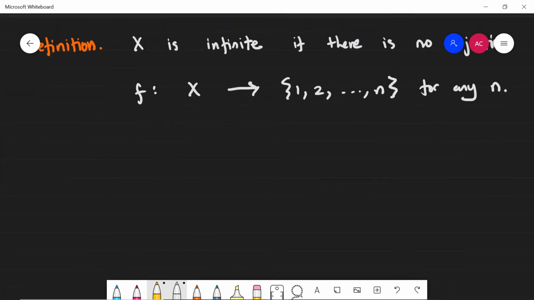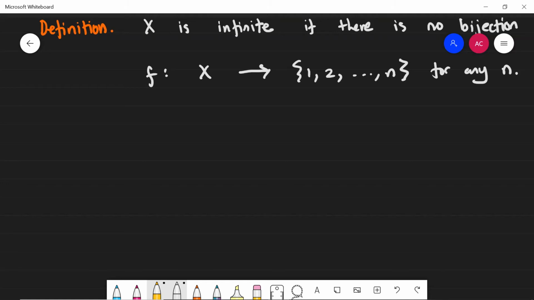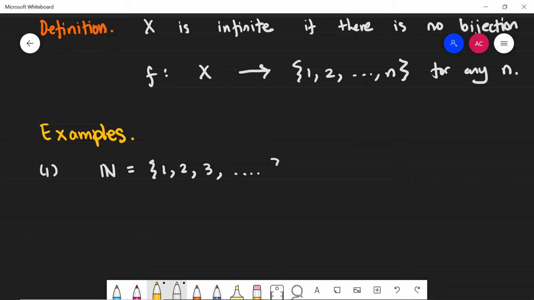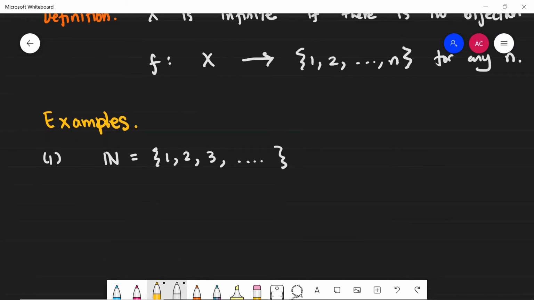So we've seen a number of infinite sets, believe it or not. Let's write down some examples. One example is the set of positive counting numbers, 1, 2, 3, etc. This is an example of an infinite set.